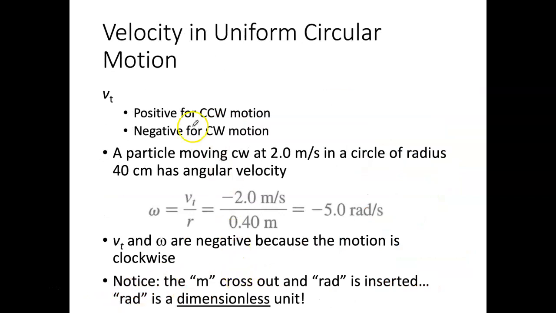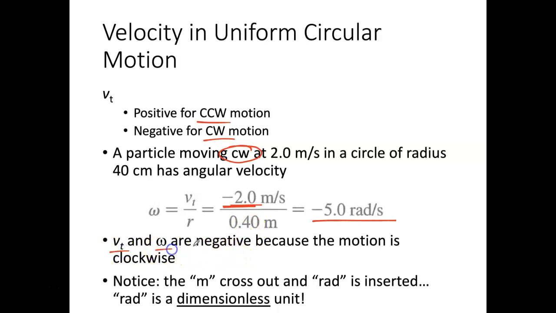Velocity in uniform circular motion, remember it's positive counterclockwise, negative for clockwise. A particle moving clockwise at 2 meters per second in a circle of radius 40 centimeters has an angular velocity, because remember here it is moving clockwise, it's going to be negative. So that's negative 5 radians per second. Here we've got it clockwise, so we know that this linear or tangential velocity is negative, and r is going to be 0.4, that is our radius.